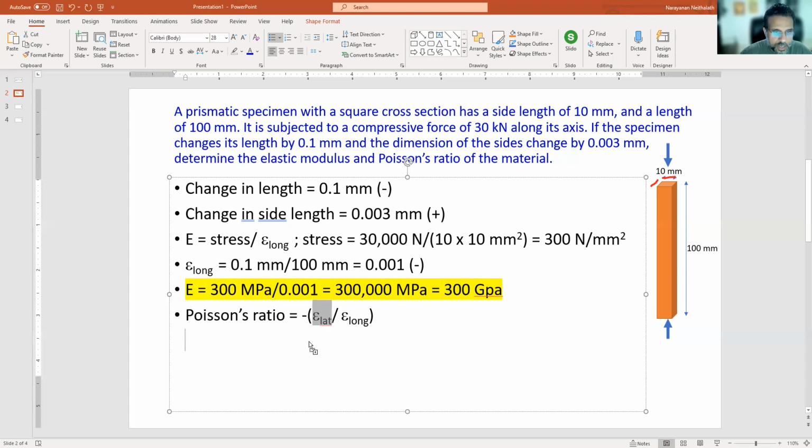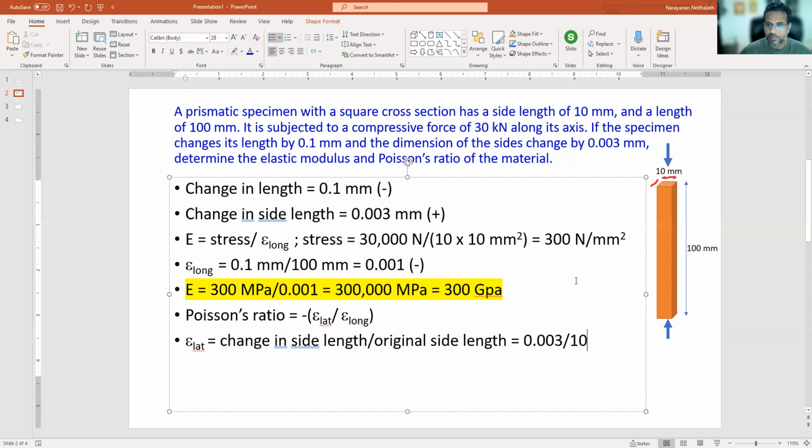So lateral strain is equal to change in side length over the original side length. So what is change in side length? Given as 0.003 divided by my original side length of 10 millimeters, correct? So 0.003 by 10, which is 0.0003.